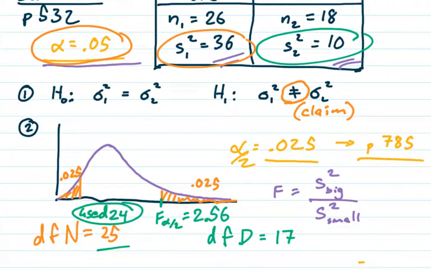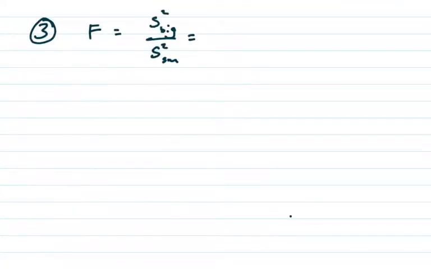All right, let's go ahead and flip the page. And step 3 is to compute the test statistic. So this is F, and we compute this by doing S squared of the bigger one divided by S squared, the variance for the smaller one. So here we had 36 divided by 10, so that works out as 3.6.